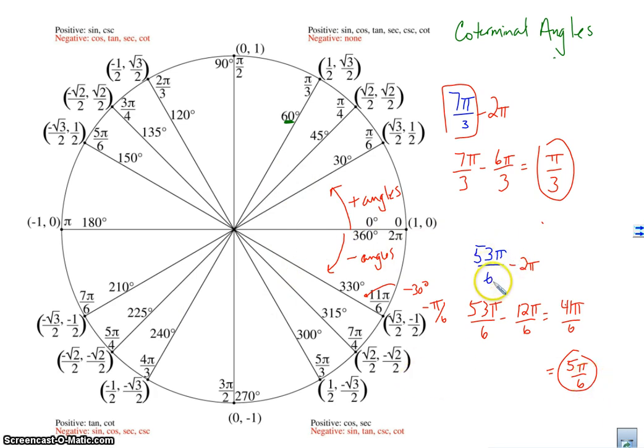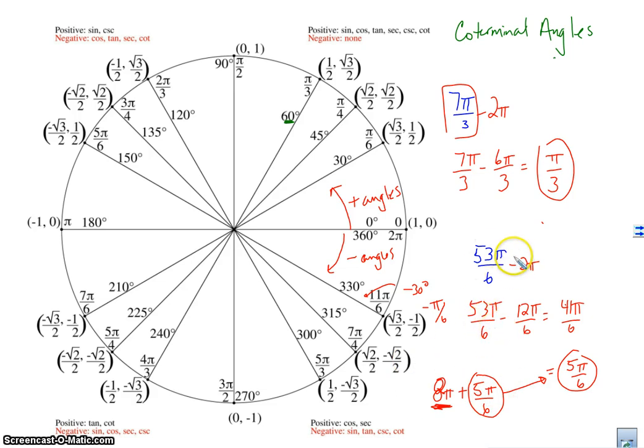Watch this. 53, 6 goes into 53 8 times, with a remainder of 5. This remainder is my coterminal angle if this is even, because even means I ended up here. If this is odd, I would end up here, and then I would actually have to subtract another pi from it. So that's one way you can figure out these radians.